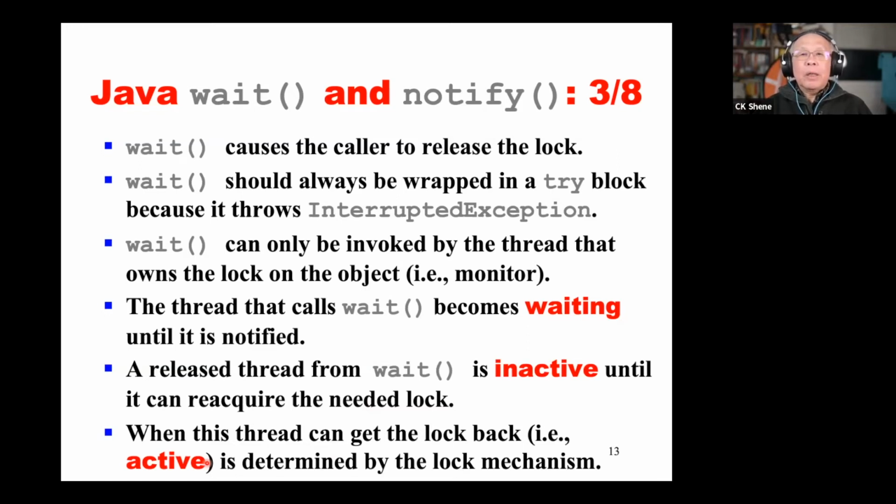The caller to wait blocks. When the caller is released, it would be inactive until it could get the lock back. When? We don't know. When the caller gets the lock back, the caller resumes its execution inside the common object.